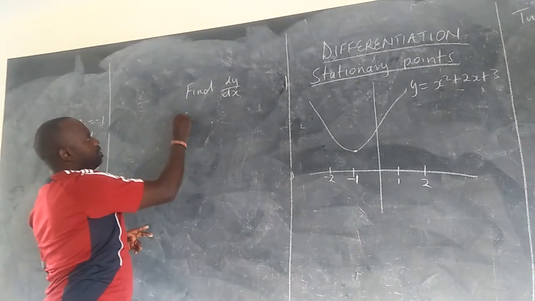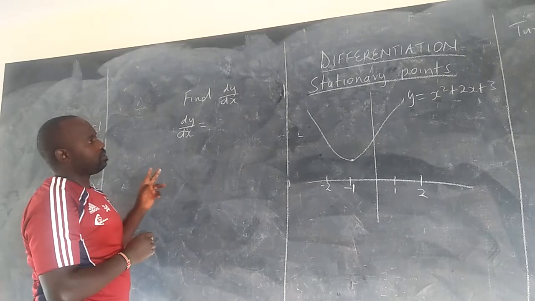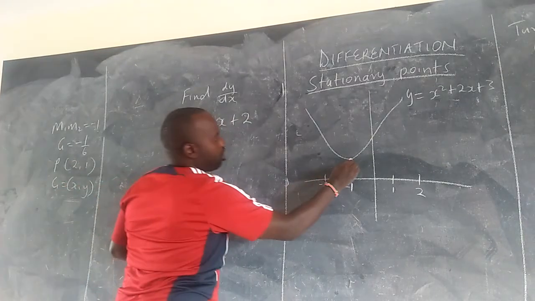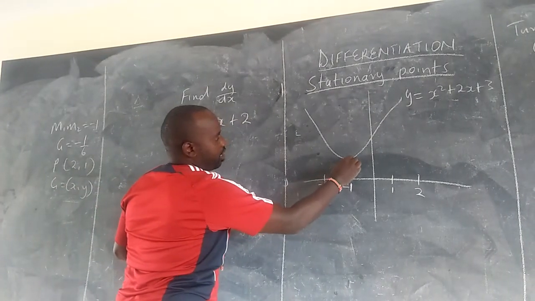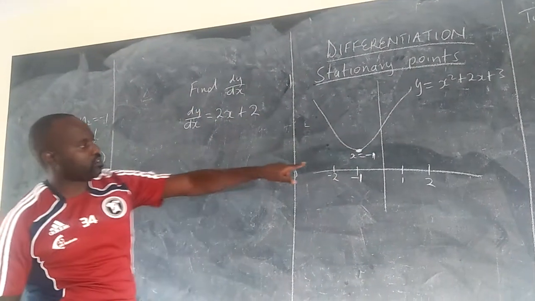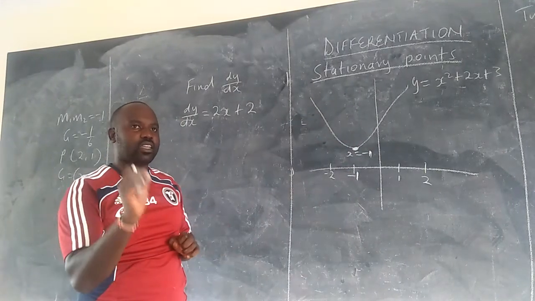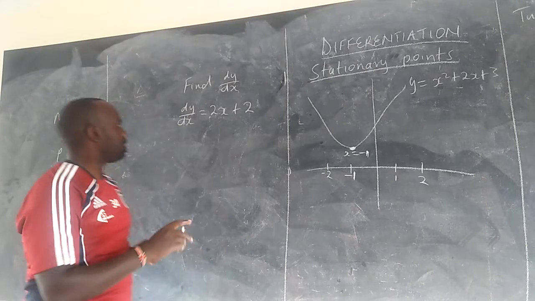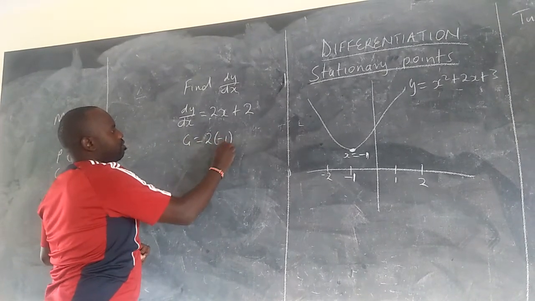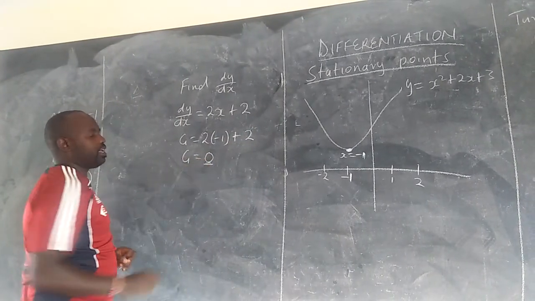In our case, dy/dx is equal to 2x plus 2. We come to this particular point where x is negative 1, because this is where the curve is turning. We want to see the nature of the gradient at the turning point. So our gradient is 2 times negative 1 plus 2, and you realize the gradient is 0.